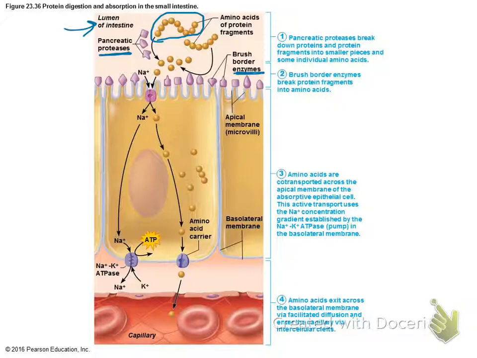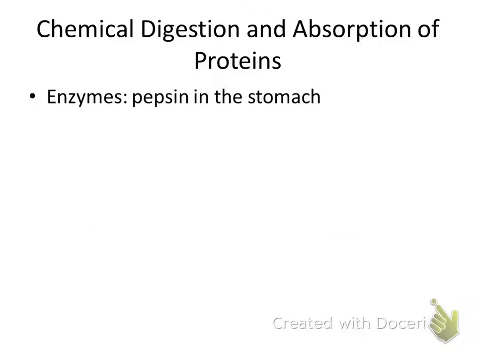When we break them up into the amino acids, then they need to move through a channel or a carrier, right, to get into the cell so that they can make their way across to the bloodstream. Pepsin is one of the enzymes that you need to know that's going to help us break up proteins.